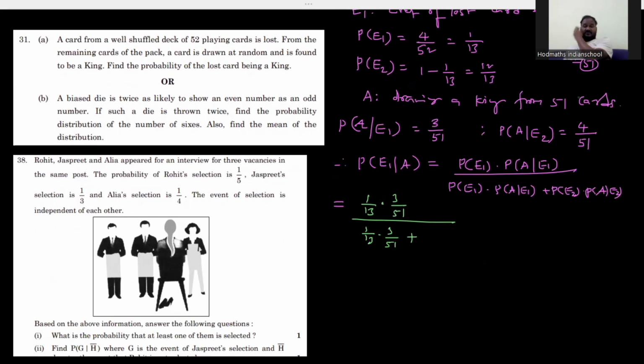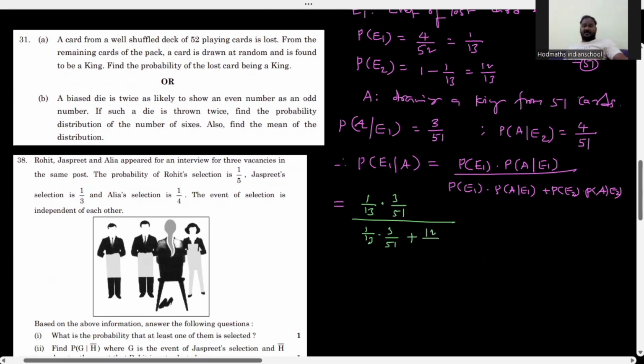Probability of E2 is equal to 12 divided by 13, into A given E2 which is equal to 4 divided by 51. So the numerator is going to be 1 3s are 3, divided by, because 13 and 51 will be cancelled anyway, 1 3s are 3 plus 12 4s are 48.